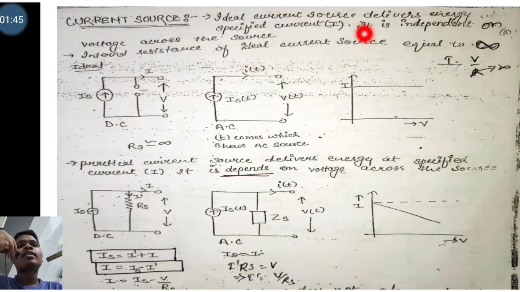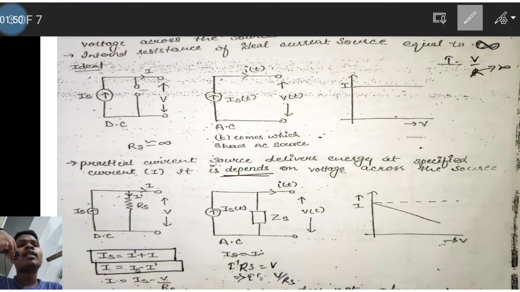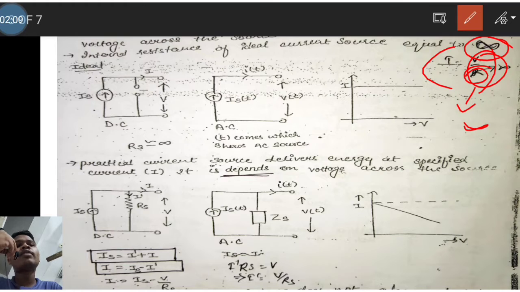See here, this is the ideal current source, which has infinite internal resistance. According to Ohm's law, I is equal to V by R. You already know that formula. If we put the resistance value as infinity, then V divided by R should be equal to 0, so the current is 0.